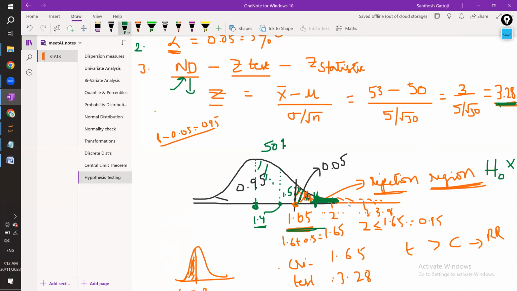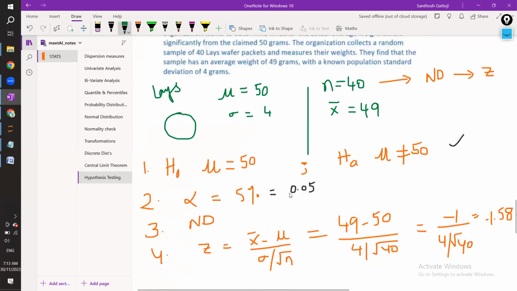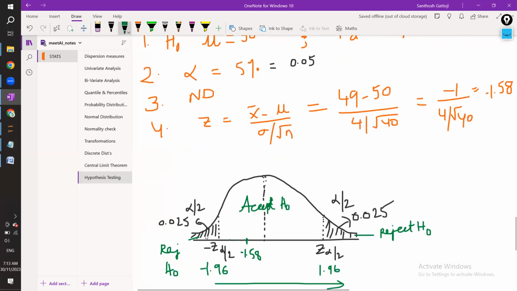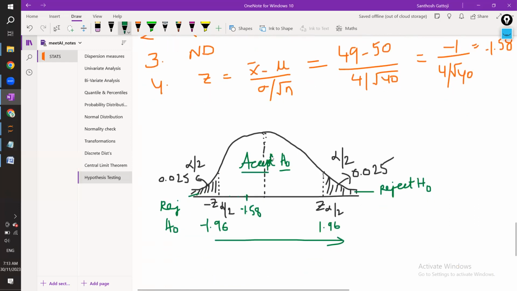So since our test statistic fell in the rejection region, we rejected the null hypothesis and accepted the alternate hypothesis. But now our test statistic is not falling in the rejection region on either side. It is falling inside the acceptance region. So can we reject the null hypothesis here?